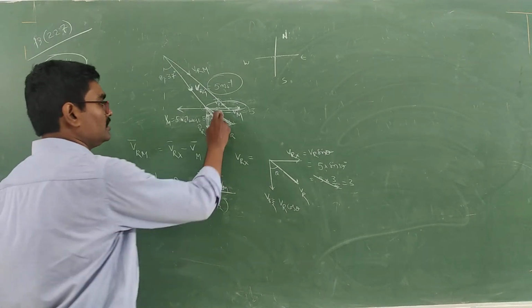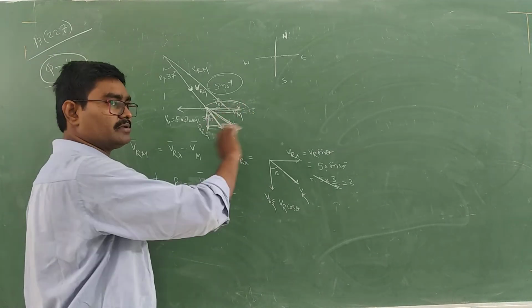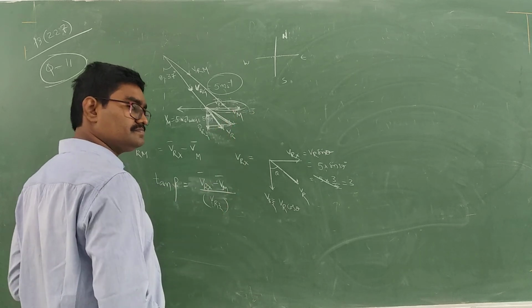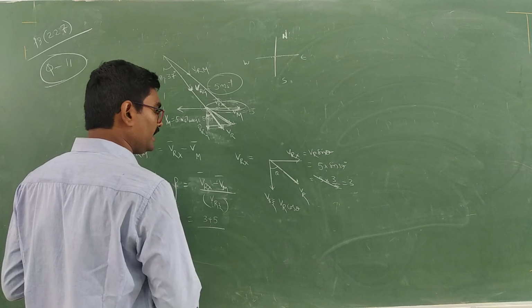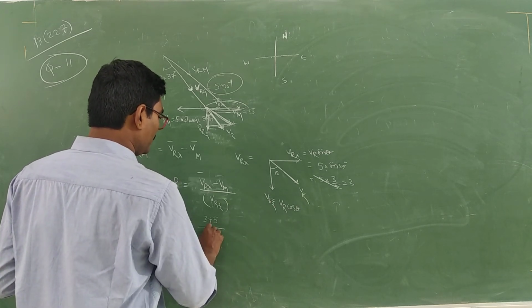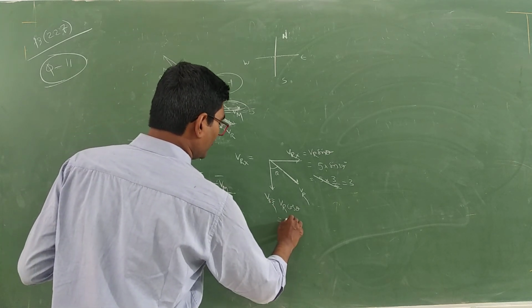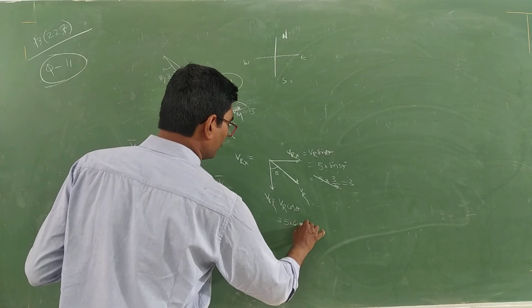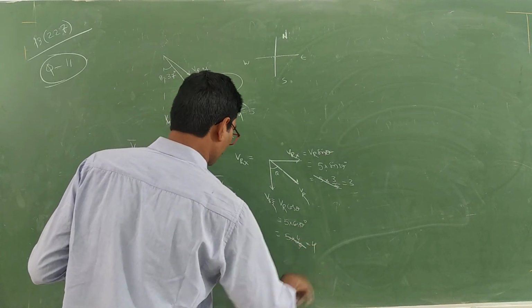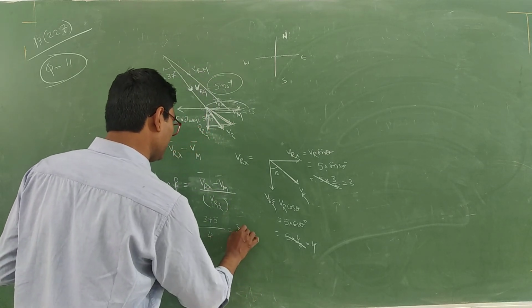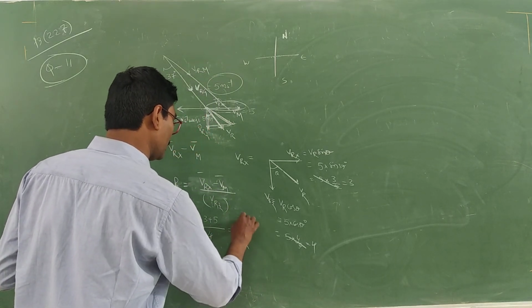But see here, since these two are in the same direction, we are adding. So 3 plus 5 by VRZ, which is equal to 5 into cos 37, that is 4. So 8 by 4, which is 2.